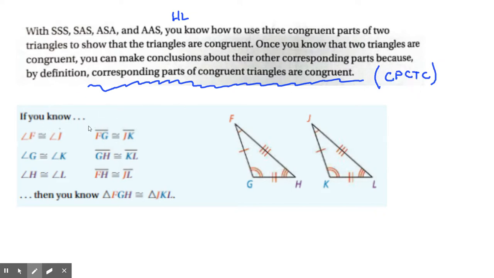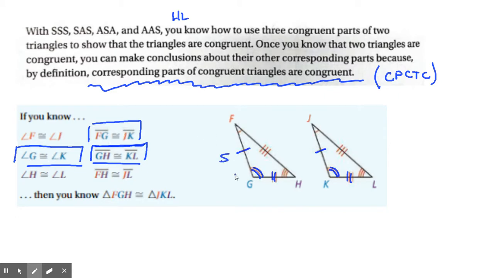So, for instance here, say you're going to use side, angle, side, and side, angle, side. So that would be segment FG congruent to JK, angle G congruent to angle K, and side GH congruent to side KL.